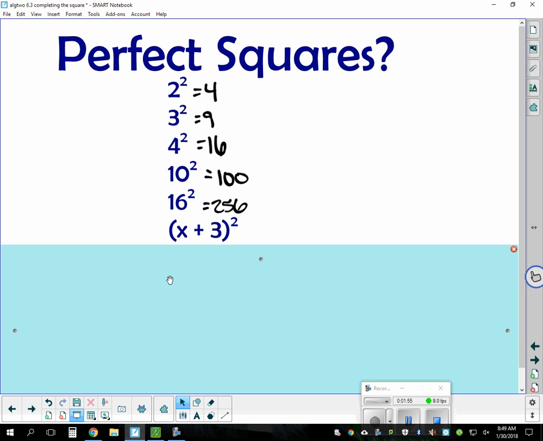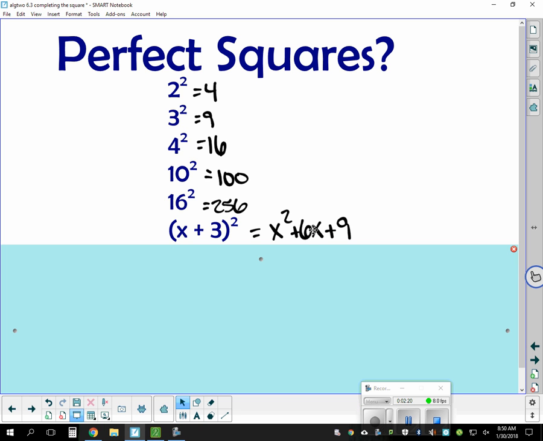Is this going to be a perfect square? No. Absolutely. It's something squared. That's a perfect square. What is this? It is not. X squared plus 9. That is that same mistake that I have told you guys how many times. What is it? Foil it. You have to foil it. Good.